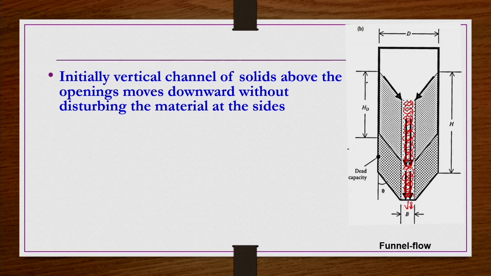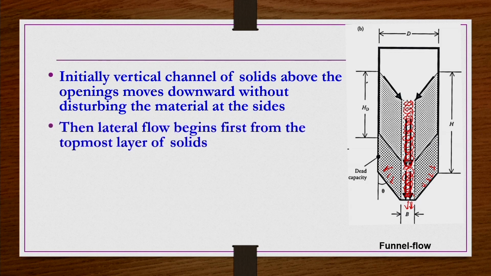It may not be exactly vertical, but almost vertical, without disturbing the material in this region. So it is not being disturbed. Only the material just above the opening comes out as a vertical column as shown here.